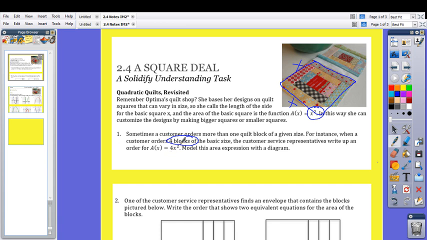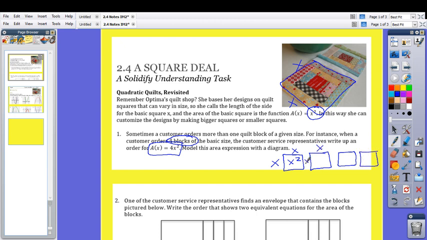So in math, we write down 4 of x squareds, but if you draw the area model for it, then you will be saying, so this was our one basic one, but she has 4 of those kinds, so you will have 4 of them.